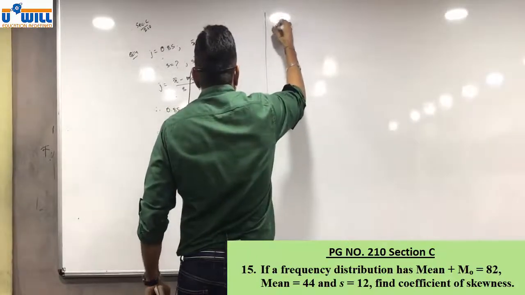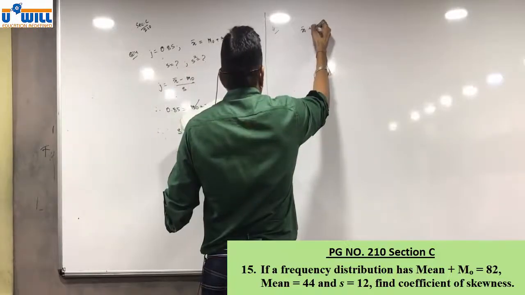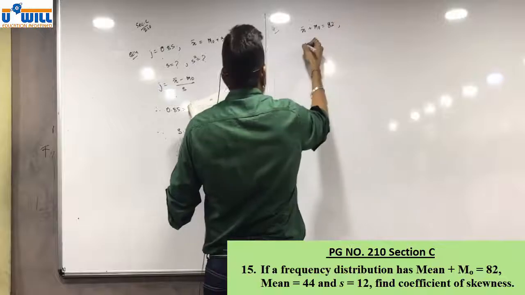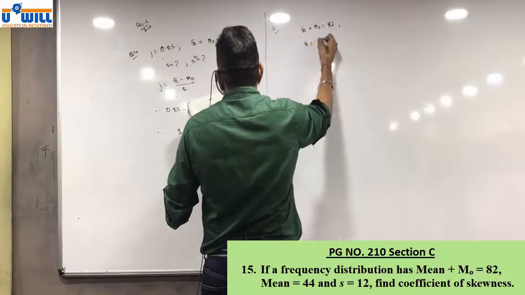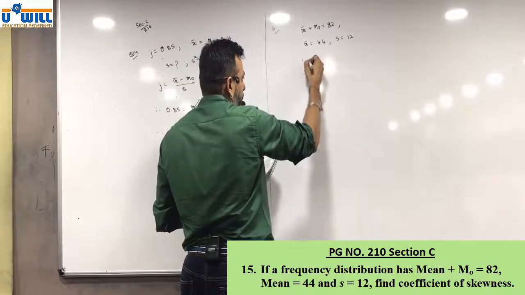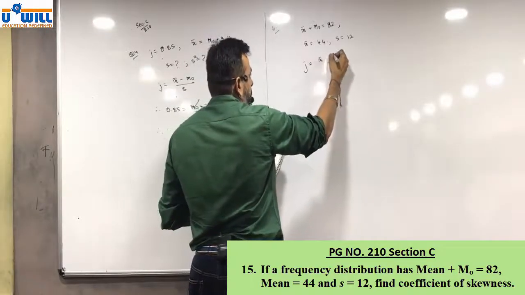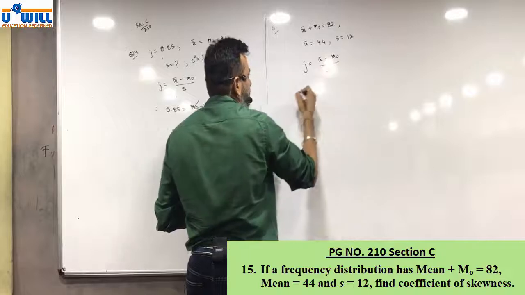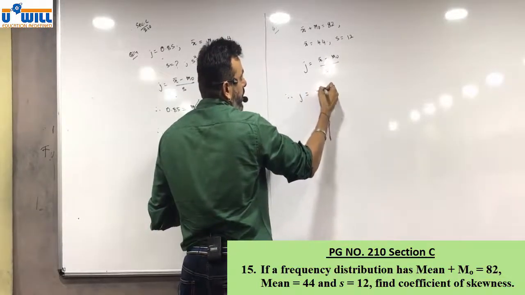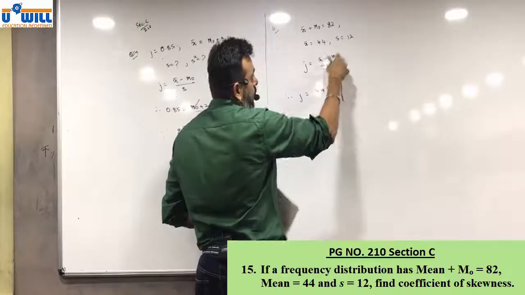Question number 15. X bar plus mode is equal to 82. X bar is equal to 44. Standard deviation is 12. We have to find J, which is x bar minus mode upon standard deviation. Therefore, J is equal to x bar, 44, minus, now mode.